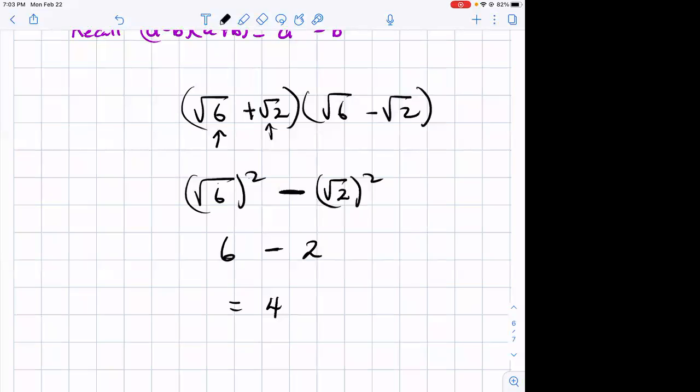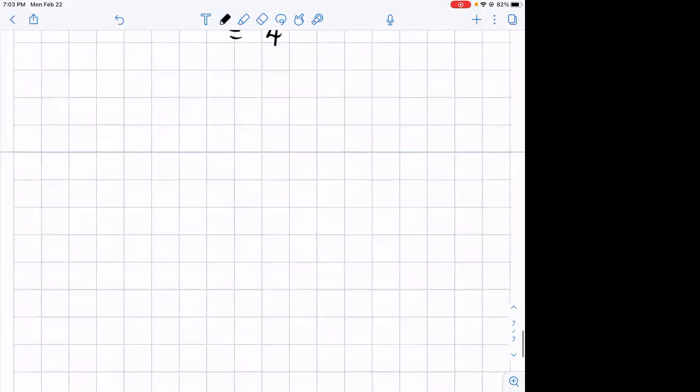So once again, I'm going to stress that the multiplication process is really the same as polynomials, right? When you multiply radicals. Now, the division that we're talking about, the division is where it comes to rationalizing.